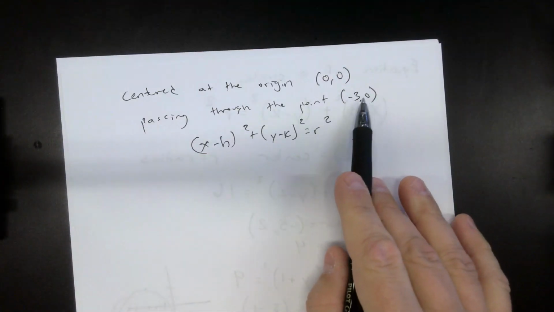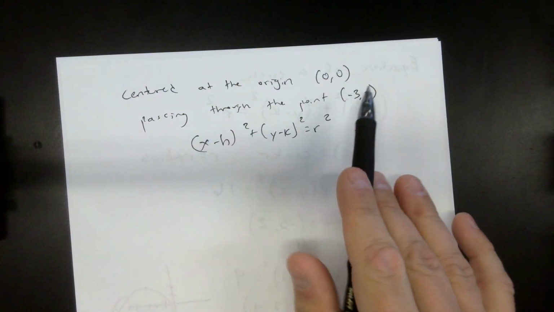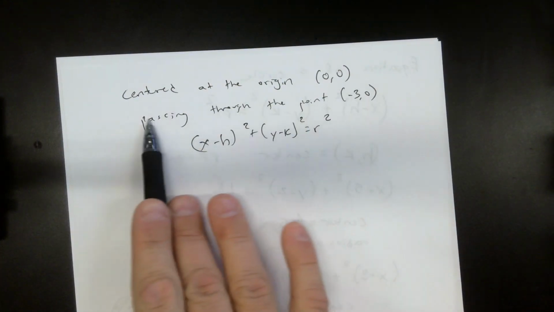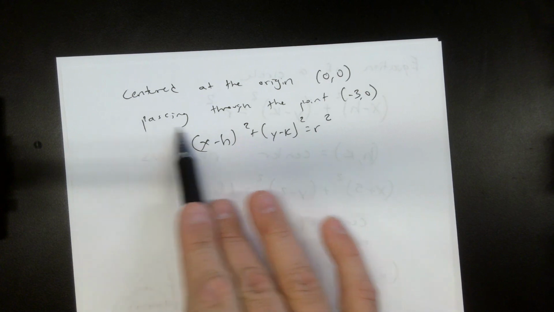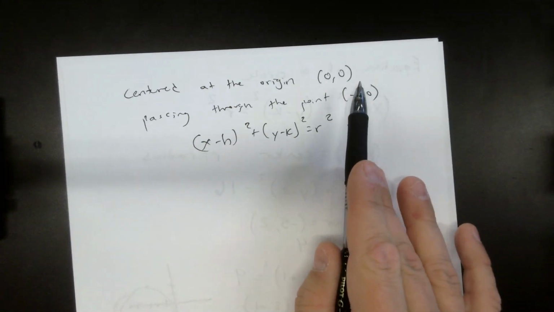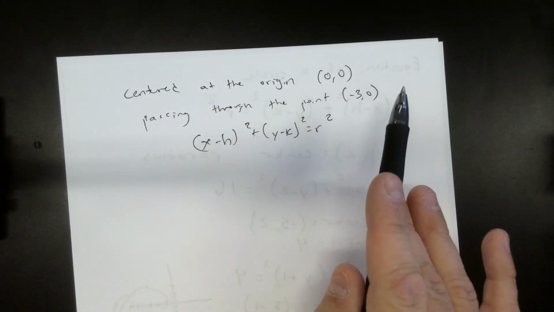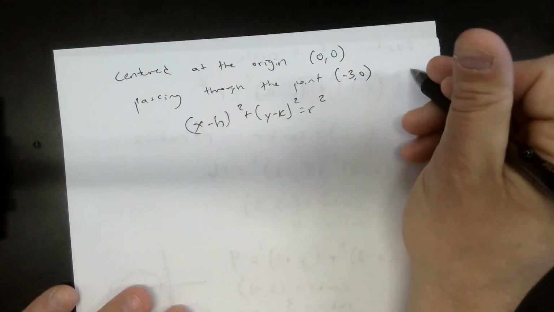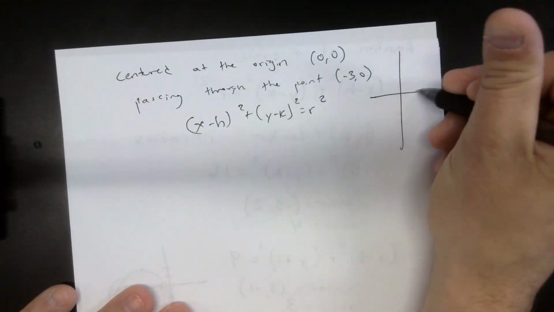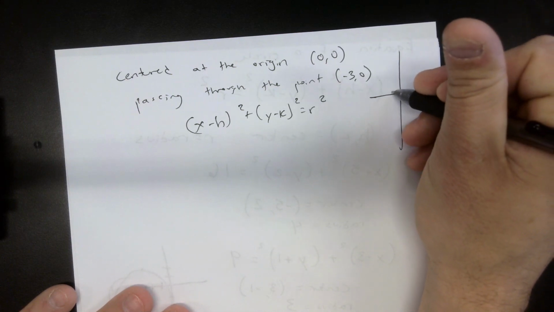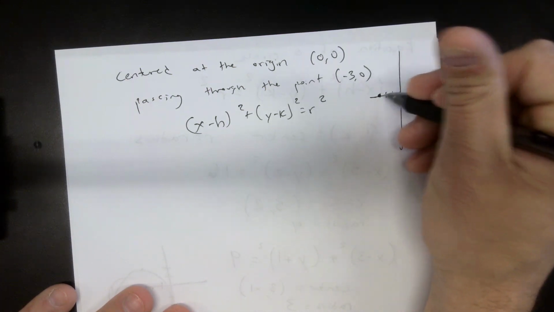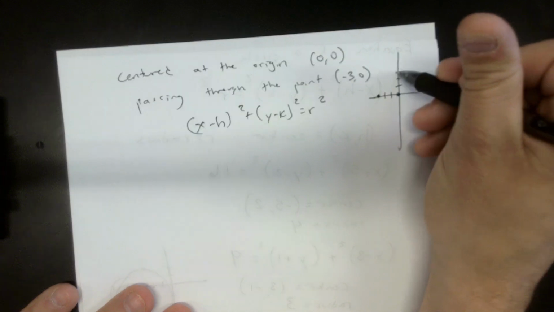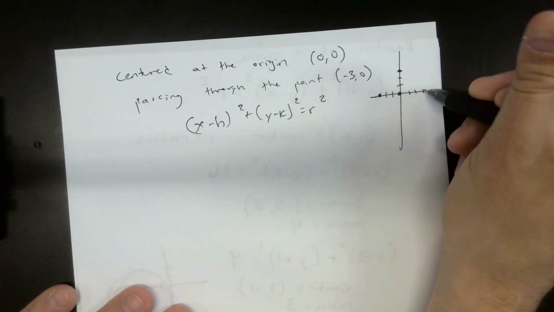One of these will always be 0 because this tells us our radius. So what would our radius be? It can't be a negative. If our center's at 0, 0, and it passes through the point negative 3, 0, that means our radius is 3.